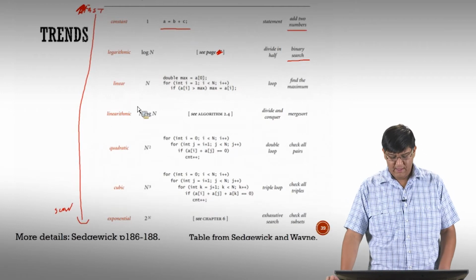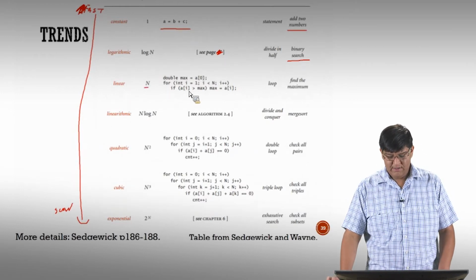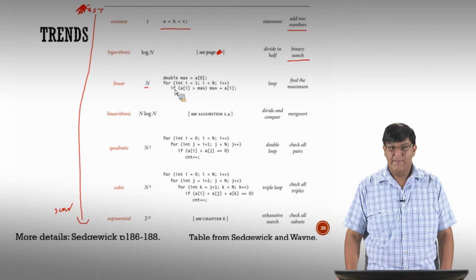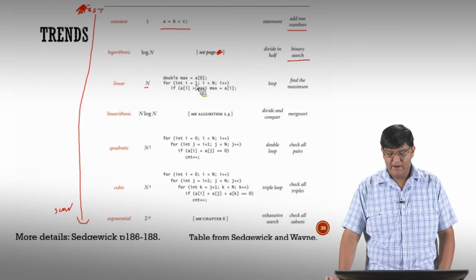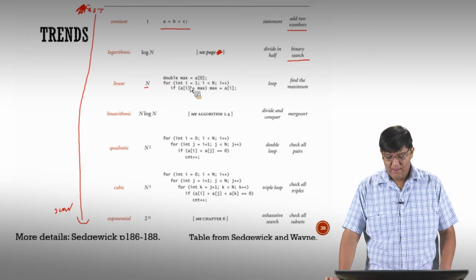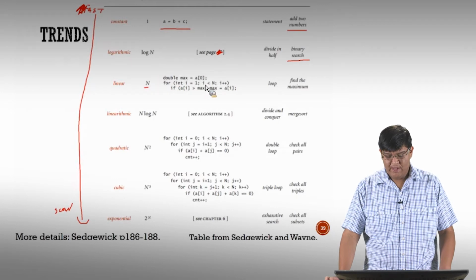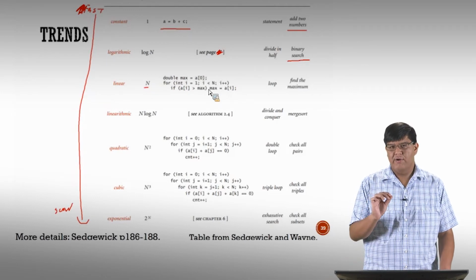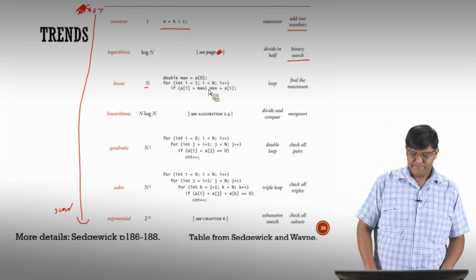So next thing I have is linear. Linear is going to look just like n. Linear is typically a loop. So here we have a loop on i, and basically we're going from 1 to n. So i equals 1, my ending condition is i less than n. Actually, this loop will run n minus 1 number of times.